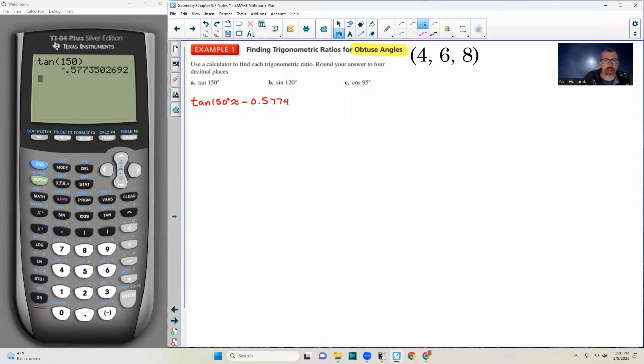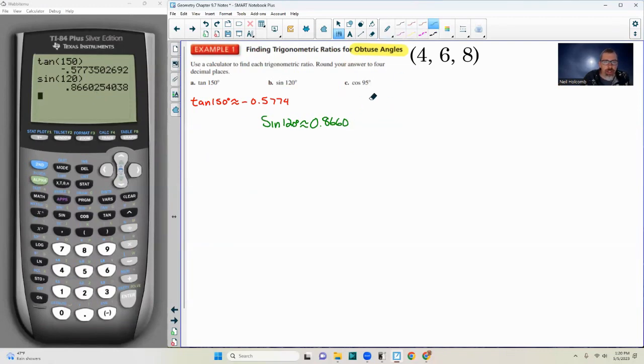Okay, now sine. The sine of 120 degrees is approximately, go to your calculator, sine 120, close parentheses, enter. It's approximately 0.8660. The 2 in the 5th position rounds down.